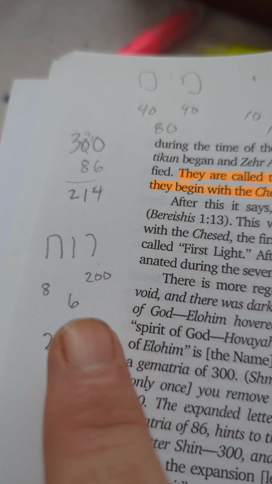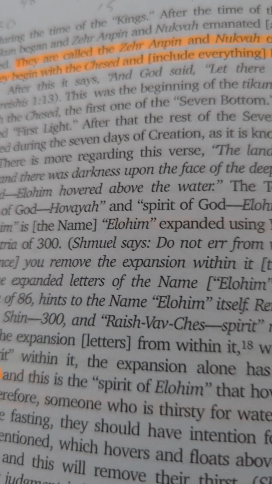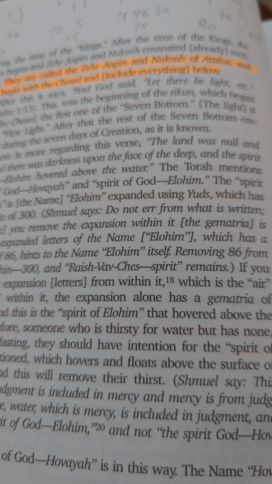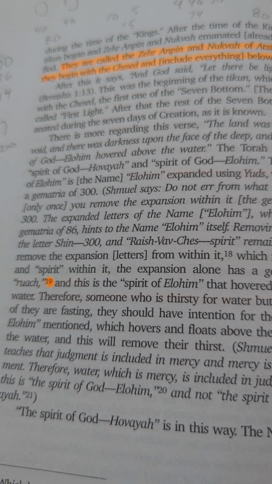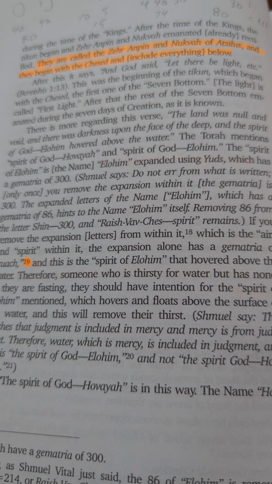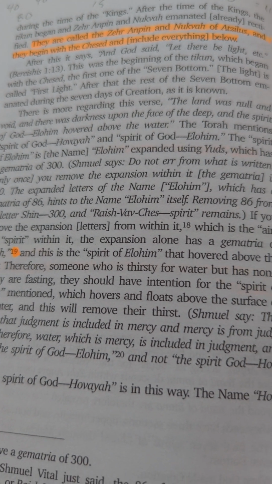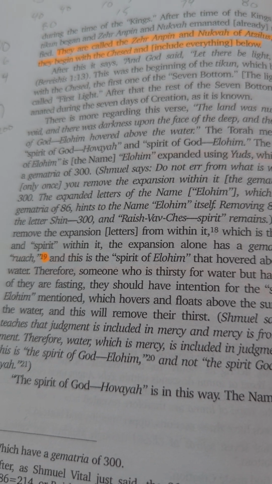We see Resh Vav Chet equals 214. And what is this hinting to? He carries on and says that if you remove the expansion letters from within it, which is the air and spirit within it, the expansion alone has a gematria of Ruach.